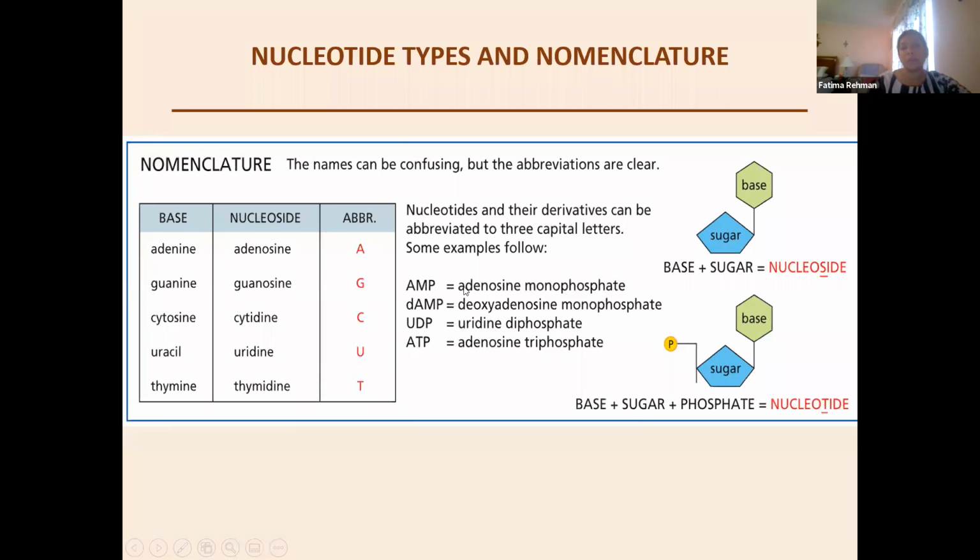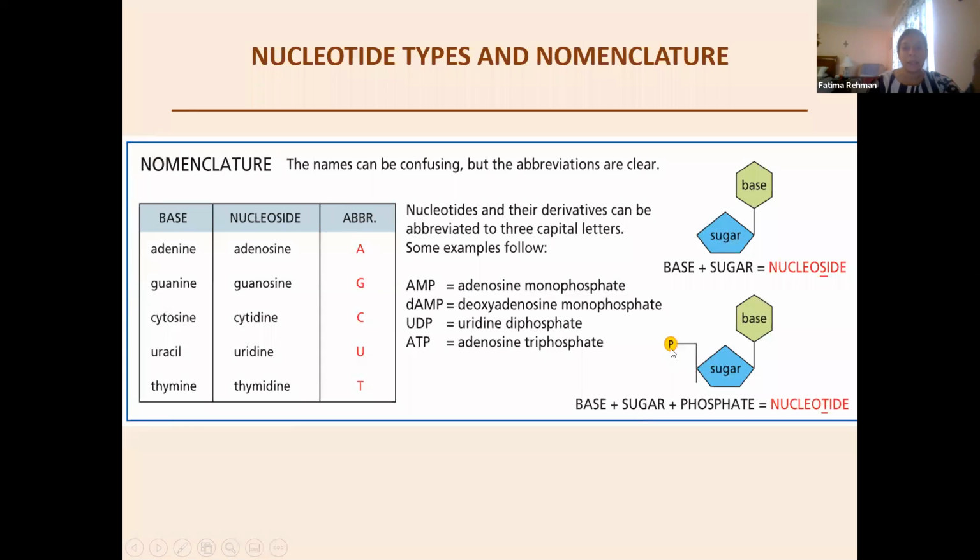The other thing we want to remember is that these bases, in combination with phosphate, can be found in multiple ways. They can have 1, 2, or 3 phosphate groups attached. So when we write them out, you will have a monophosphate, diphosphate, or triphosphate to signify how many phosphates are attached to the nucleoside base unit, right?